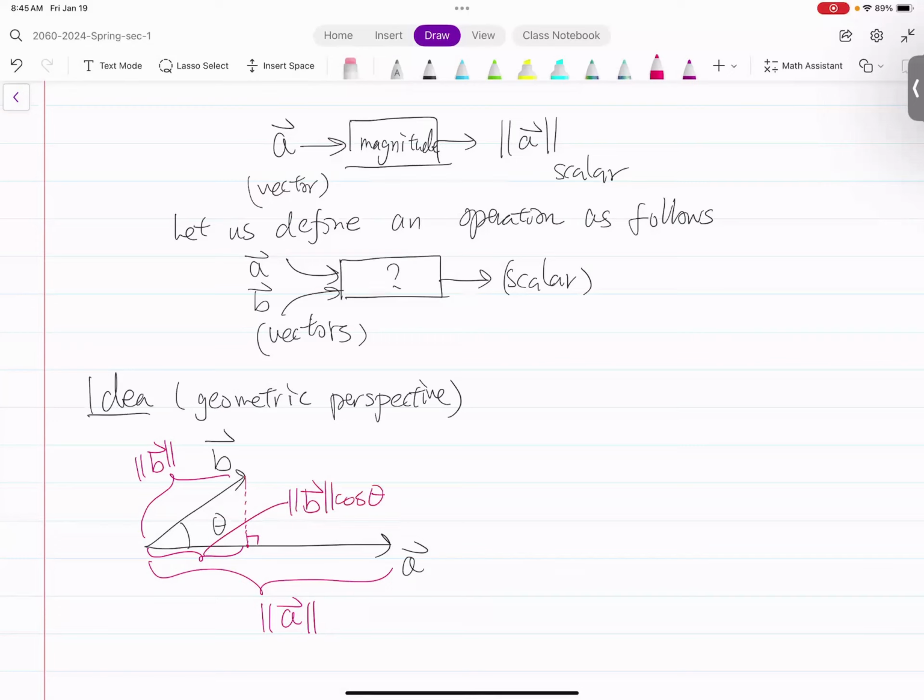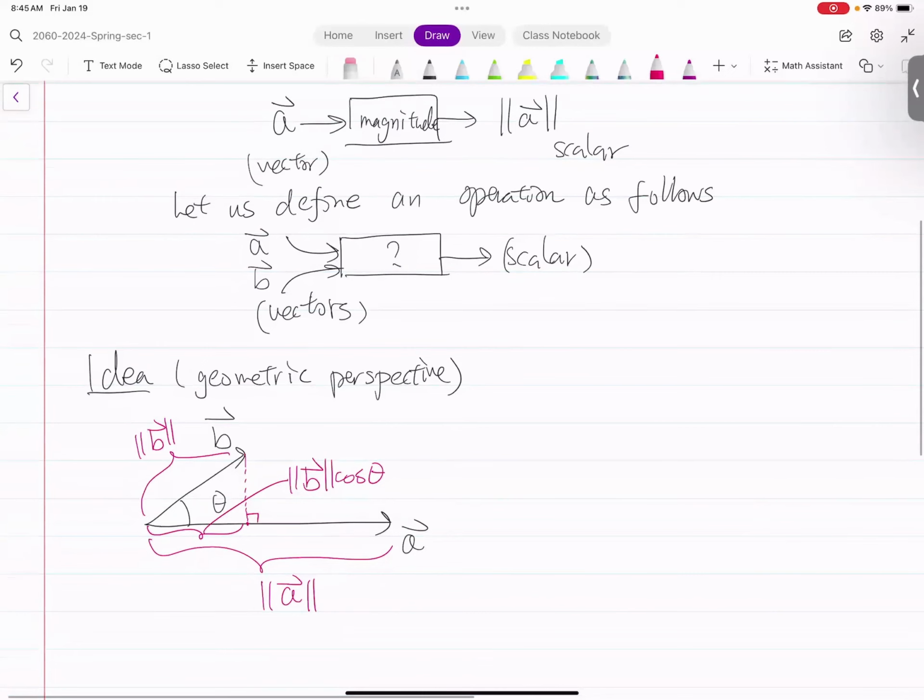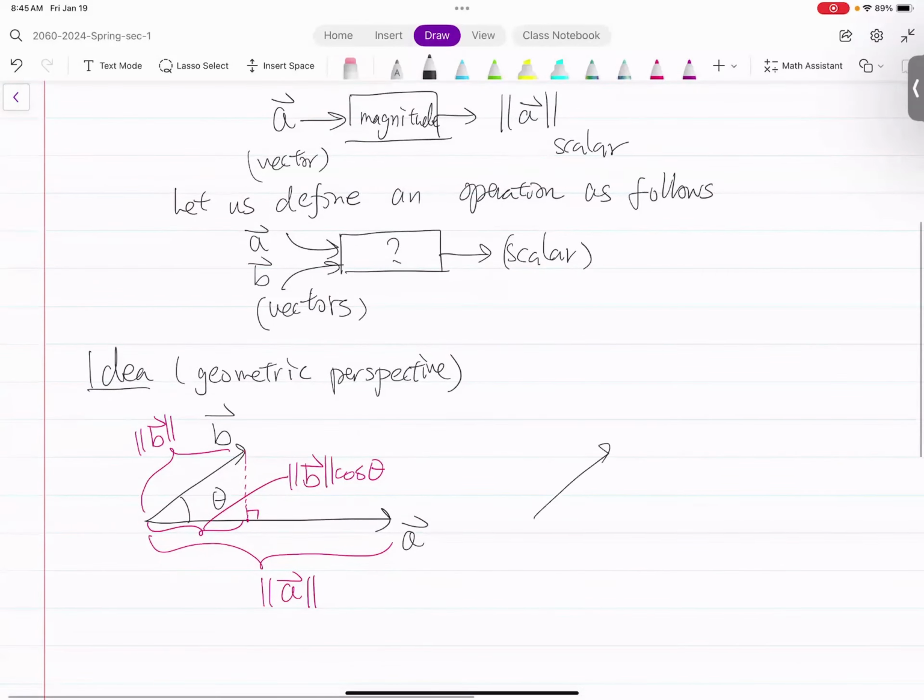Now, suppose we use this length as the magnitude, but we use the direction of A. That will define a vector, the projection of B onto A.